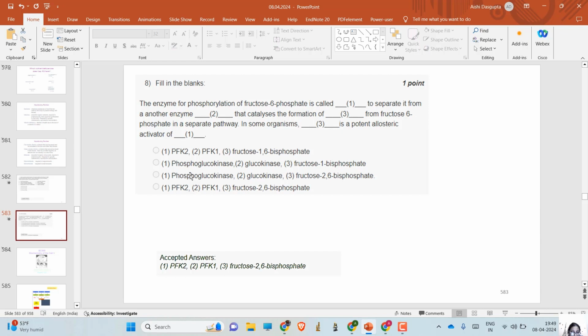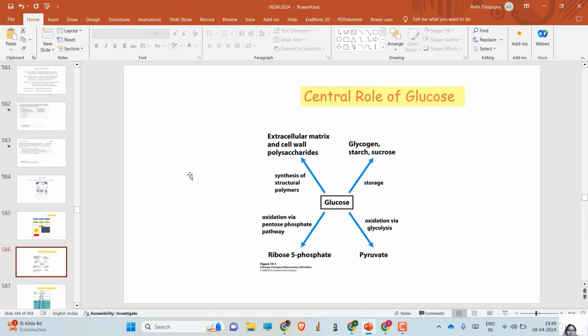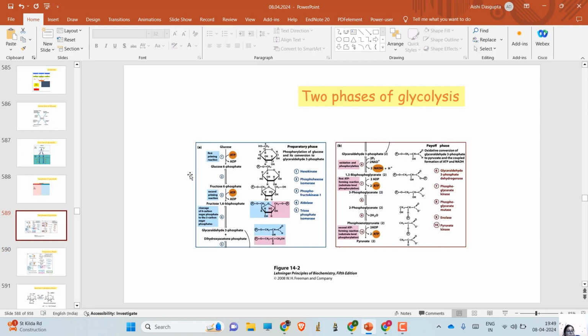So that was all about phosphofructokinase and allosteric inhibitions.